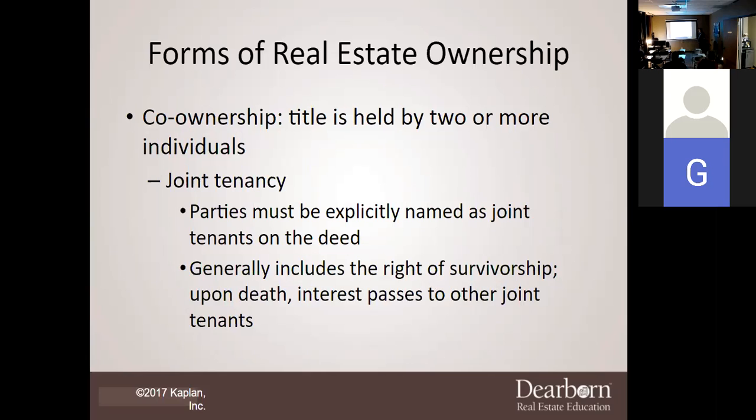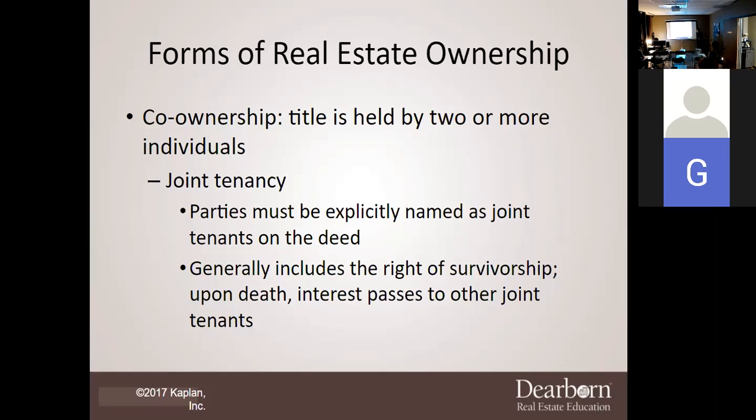We own a commercial building. And God forbid, Mr. Wyatt drives home and gets killed in an accident. Okay? In that situation, if we have a joint tenancy, Mr. Wyatt's interest would transfer to Mr. Stefan and Mr. Nobles. Okay?